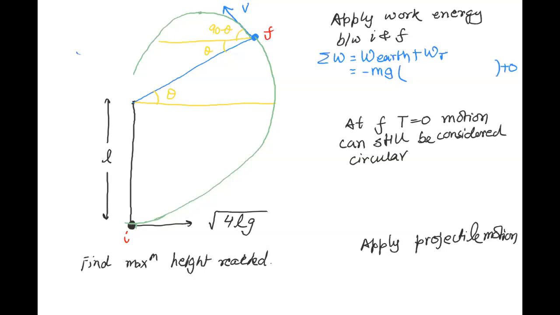That is not a big problem, because I see that this is L sine theta and this is L. So this will be mgL times (1 plus sine theta).